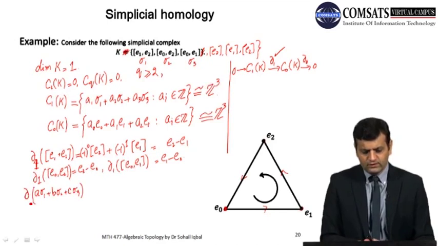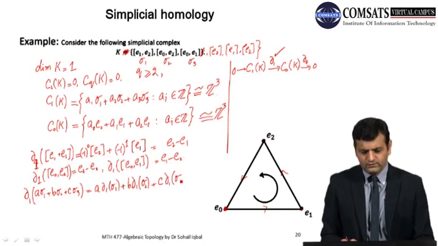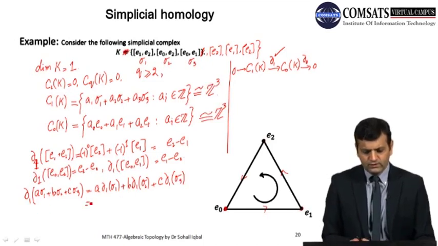So partial 1 of this is equal to A partial 1 of sigma 1 plus B partial 1 of sigma 2 plus C partial 1 of sigma 3. What is partial 1 of sigma 1?